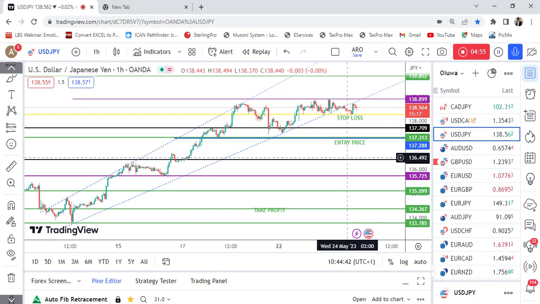That is the area at which the buyer is going to take control. Like for instance now, here is an area of value in this particular pair. Here also is an area of value. Here is an area of value. Here is another area of value, and this place is an area of value.